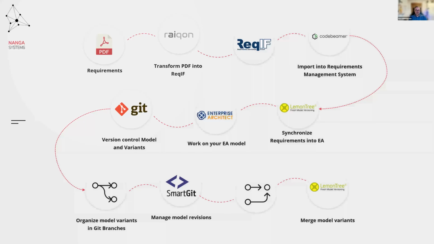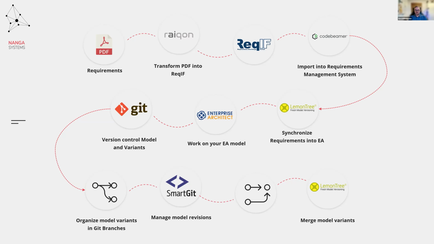I assume some of you are in the situation of being a supplier and receive PDF documents. It's always a pain because you cannot easily extract the requirements from there in order to link them to further development artifacts. This is a big pain point I see at many of our customers.